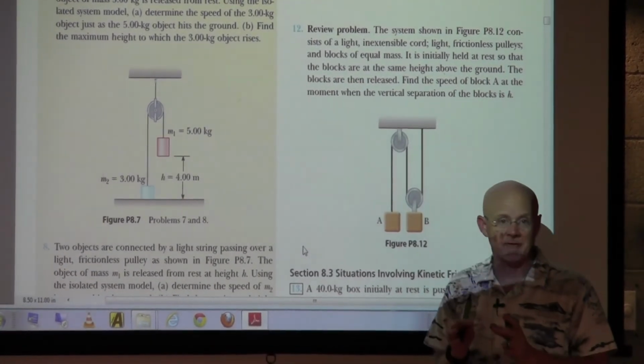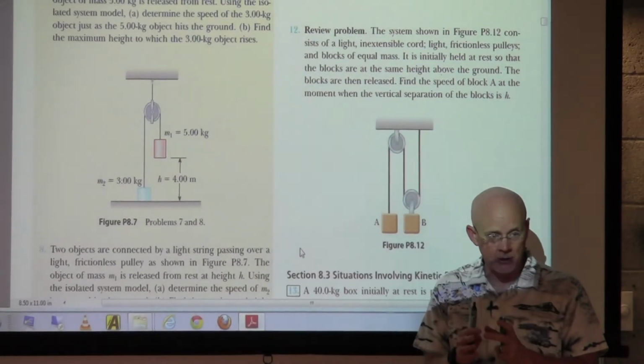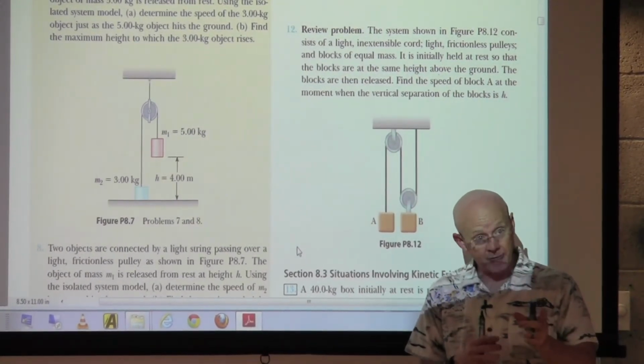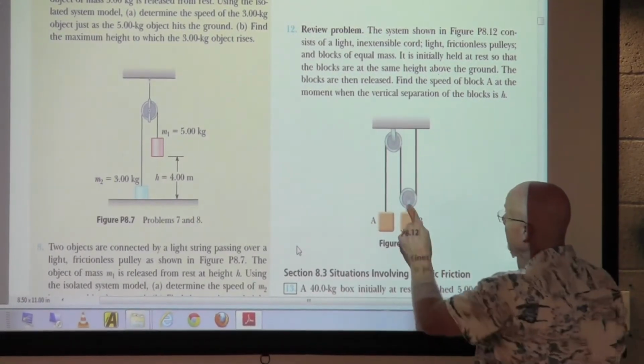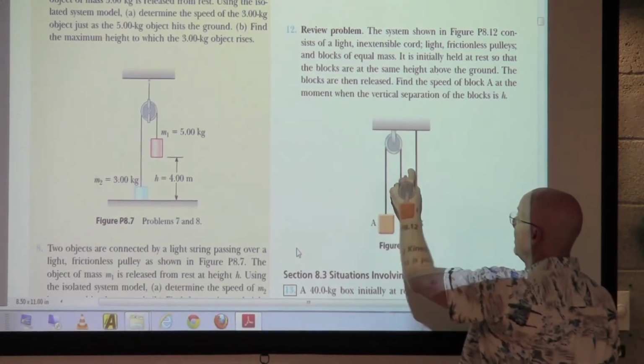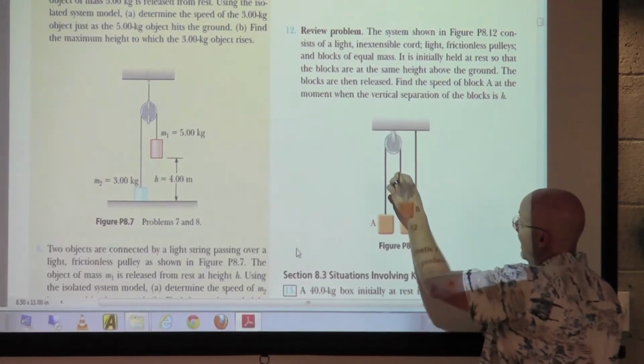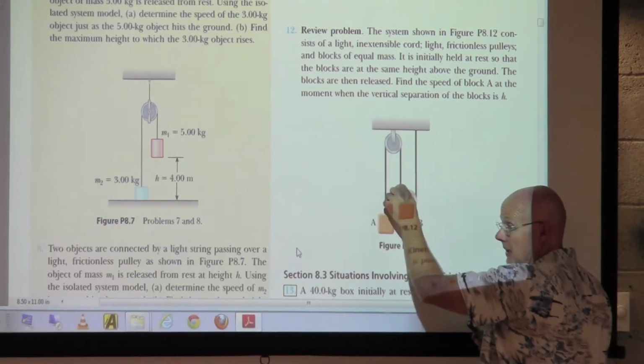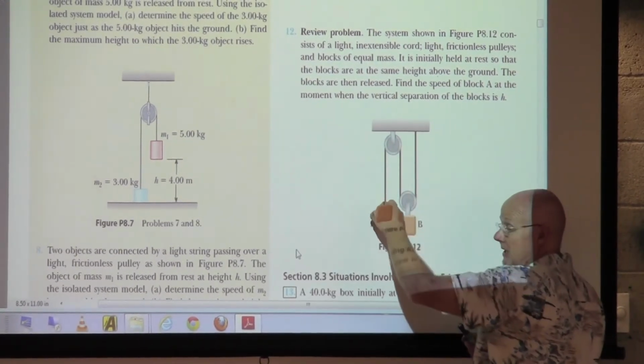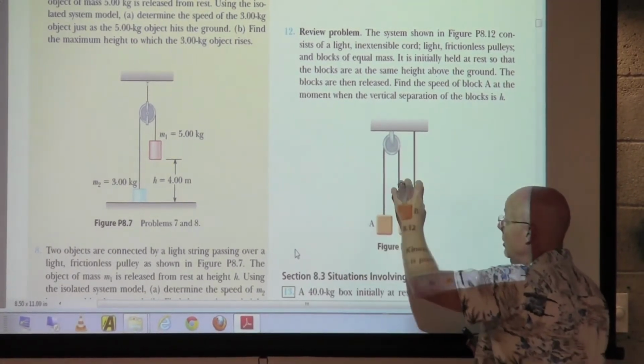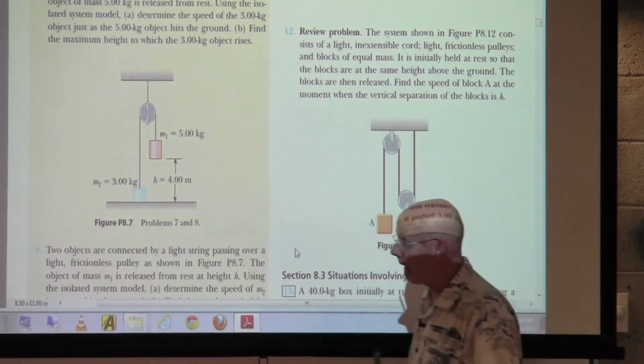But how far up does it have to go? Does it go up 1 meter? It only goes up a half a meter, right? Because if this was up here, then this part of the string and that part of the string would not be needed here, and so that's why it can extend out and make that go down 1 meter, so that would be a half a meter.